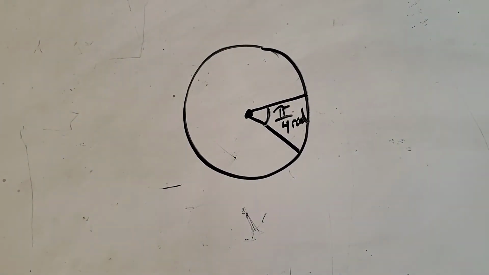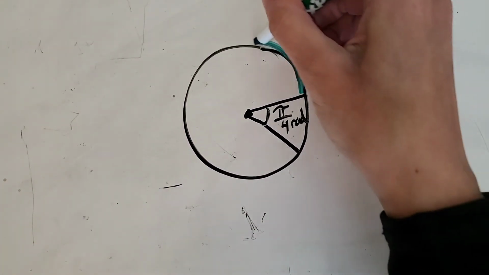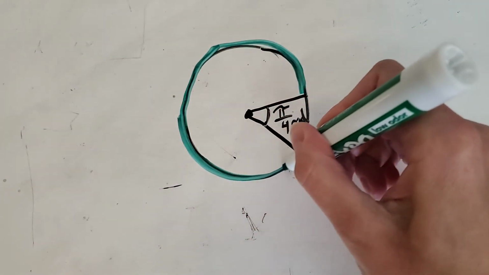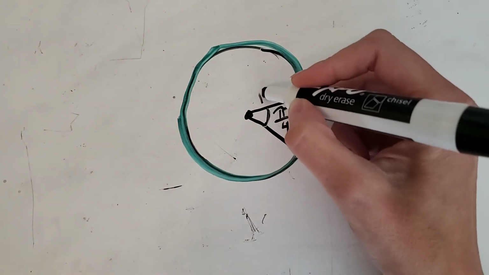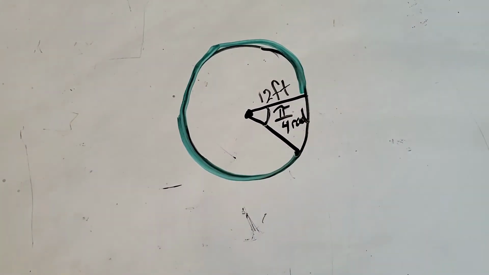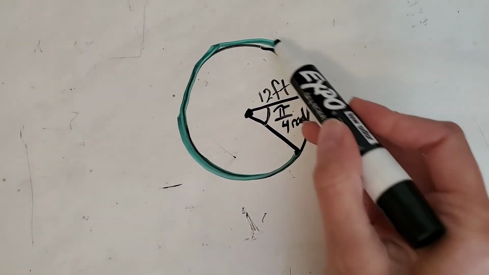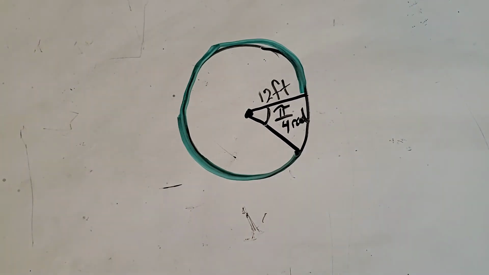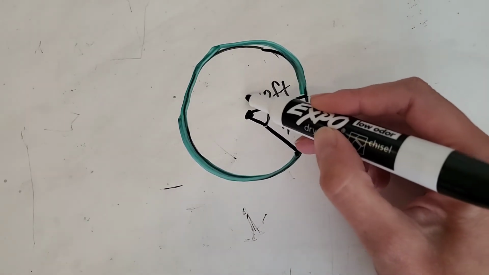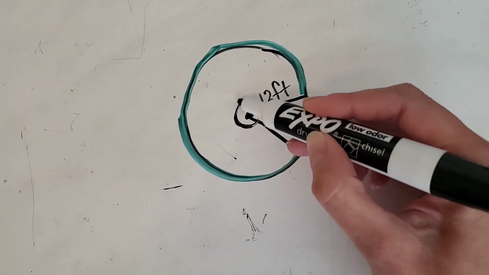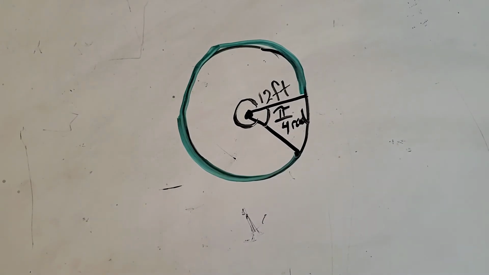But I want to find this length. And I also know that the radius is 12 feet. I'd like to find this green arc length in terms of feet. Well, we want to take whatever this arc is in radians and multiply it by 12.